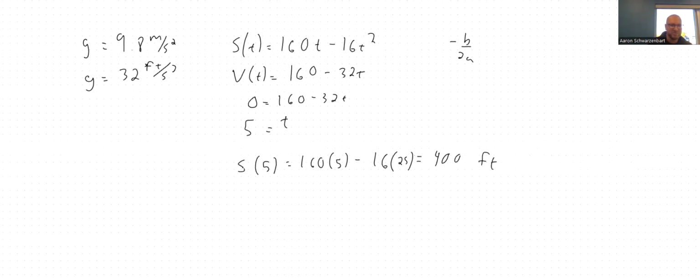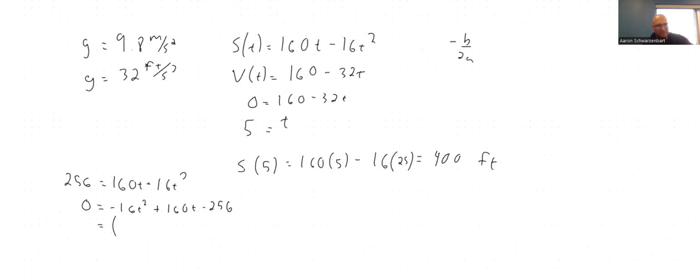In order to solve this, I need to take the original equation and set it equal to 256, then put it in the normal quadratic order. I can factor out a 16.